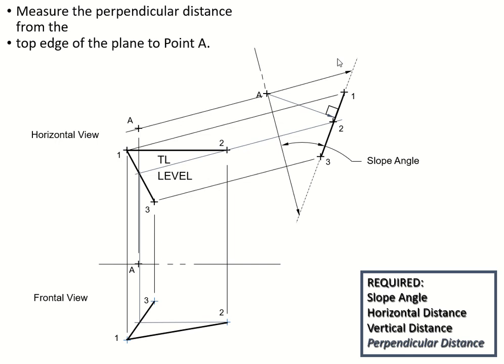Okay, now let's take that. So here is the base, 1, 2, okay? All the way down, perpendicular to there. And from the point, of course, A, so top edge of the plane to the point A, yeah? And that's your perpendicular distance.